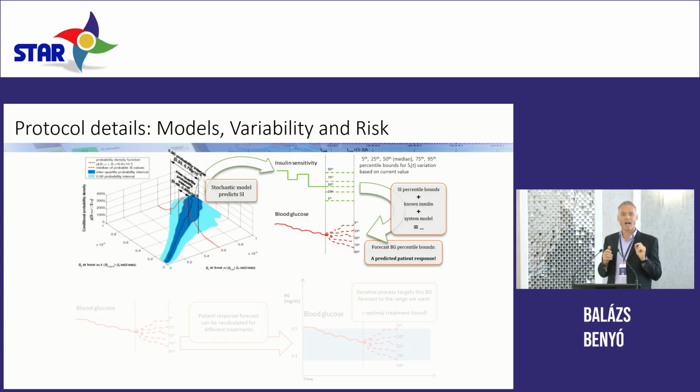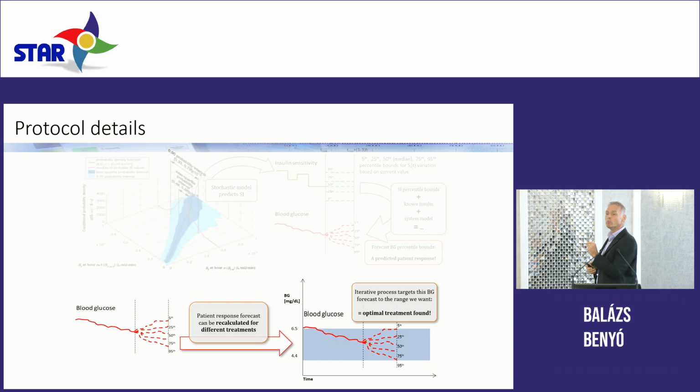But as soon as I have that, I can make simulations. I can compare, or I can select the optimal treatment, because if I have the model of the patient, I can simulate the outcome of different alternative treatments.